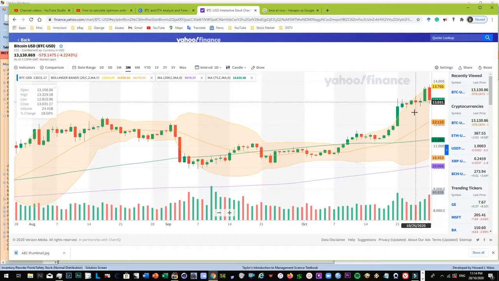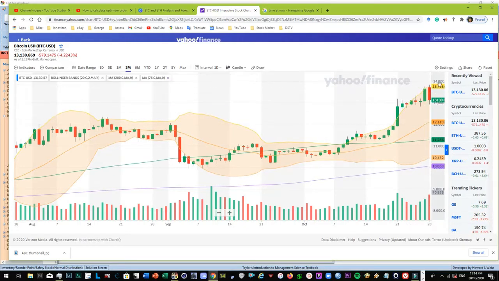And again, Bitcoin may not be the proper commodity, or the proper shares or item, to trade it with. So you can choose stocks, because stocks would have larger swings than forex and Bitcoin and cryptocurrencies.